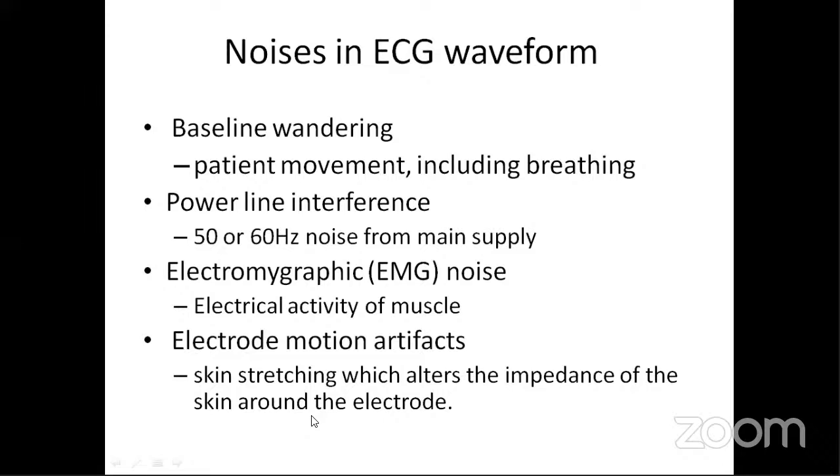Then electromyographic noise is the electrical activity of muscle, even the heart, and electrode motion artifacts are the movement of the patient while acquiring the signal. Skin stretching itself alters the impedance of the skin around the electrode.